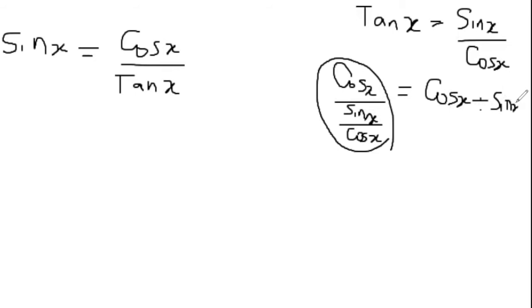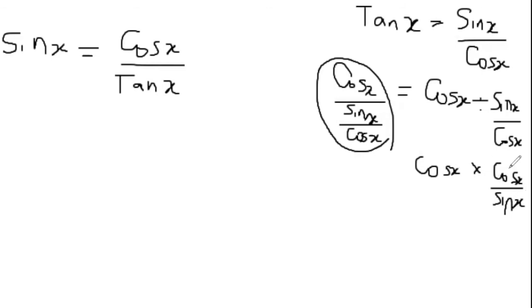So the line means the division, and now once I change the division to multiplication, I am going to reciprocate, meaning flip the fraction that is behind the division sign. So change to multiplication, flipping the fraction, I get cos x over sin x.